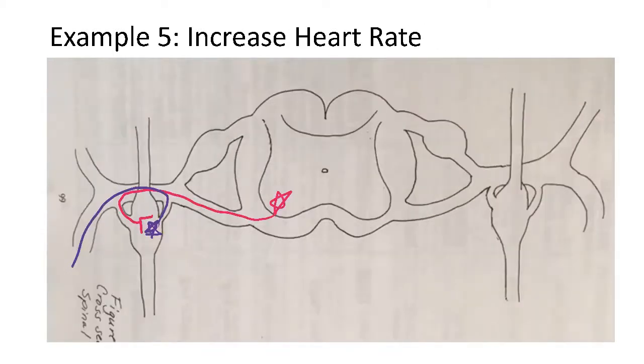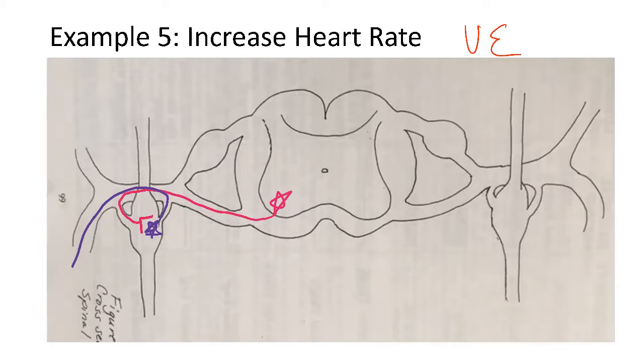Okay, the hard one, the thing that gets weird. Example 5, increase of heart rate. That means by definition, this is VE, because the heart is about voluntary or involuntary motor. It's about viscera. So this has 2 multipolar neurons. The first multipolar neuron goes into the spinal cord. The axon then exits the ventral root because it's still motor, and it goes all the way down and then comes back into the paravertebral ganglion.